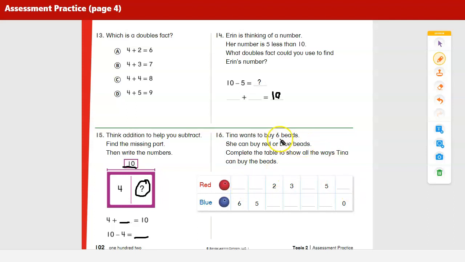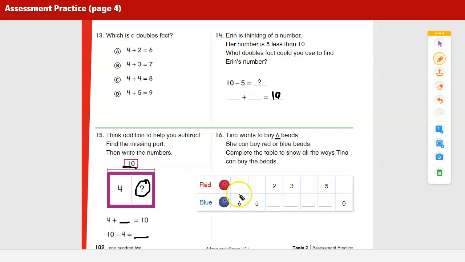So if we know that Tina wants to buy a total of 6 beads, we can look at our chart and see that we are missing some. So we have blank, blank, 2, 3, blank, 5, and then another blank.